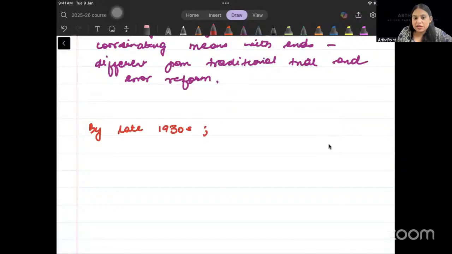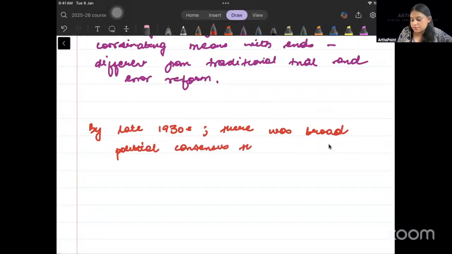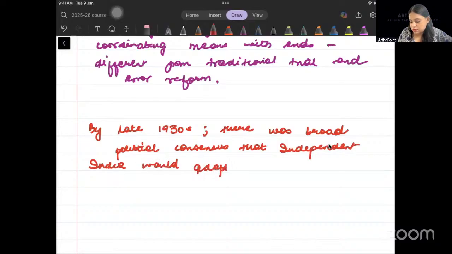By late 1930s, there was broad political consensus that independent India would adopt planned economy.